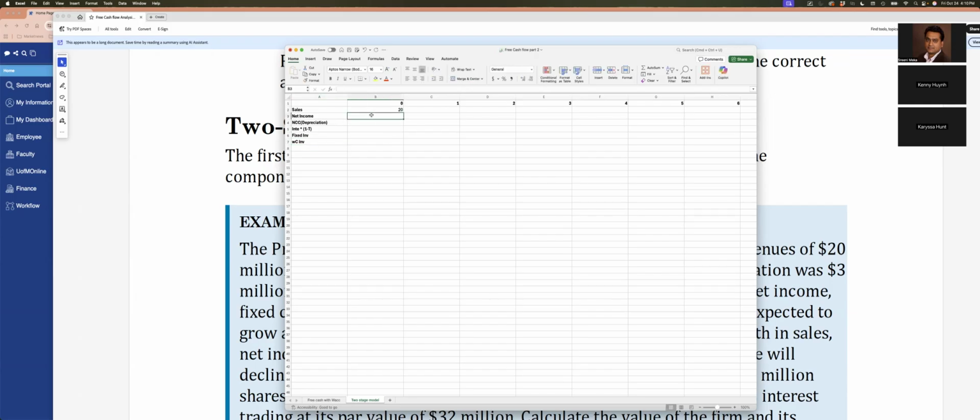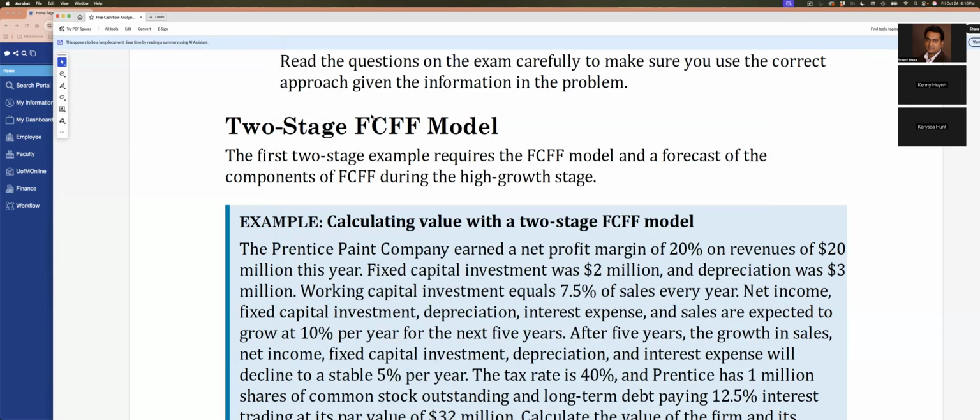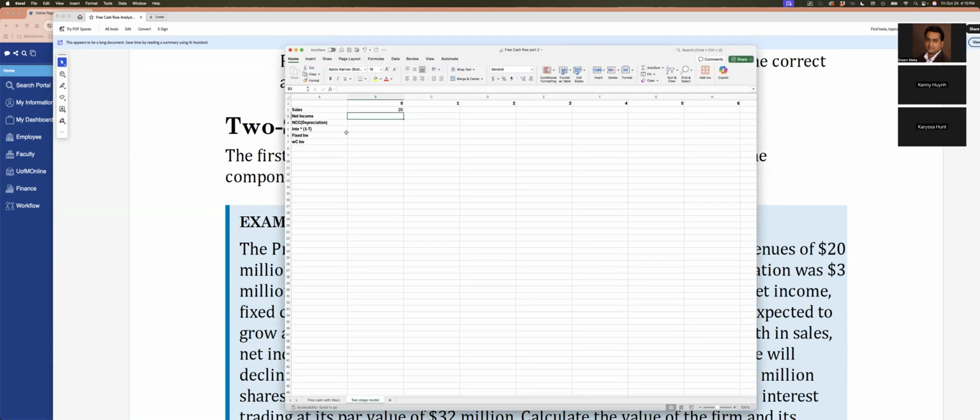So let's go to net income. What is the percentage? Is it like 20% of the revenue is profit? So can I say this times 0.2? You guys are good with Excel, right? There you go.